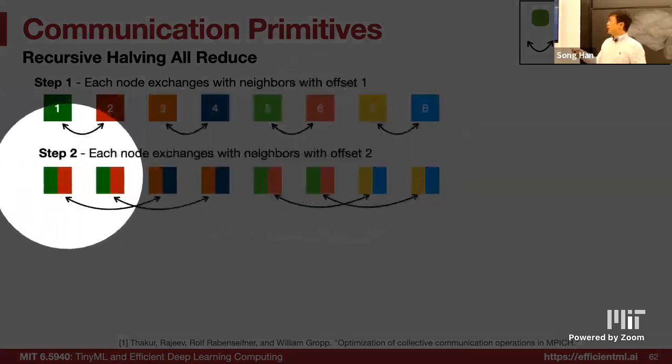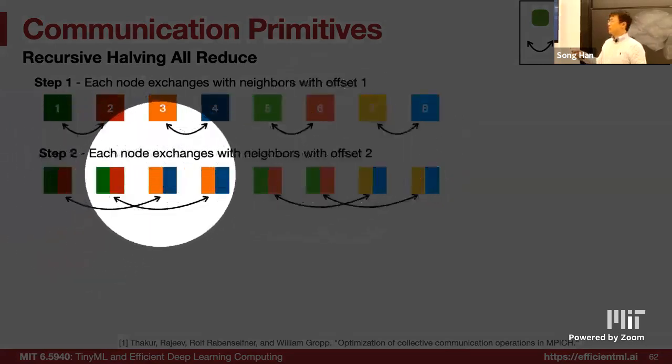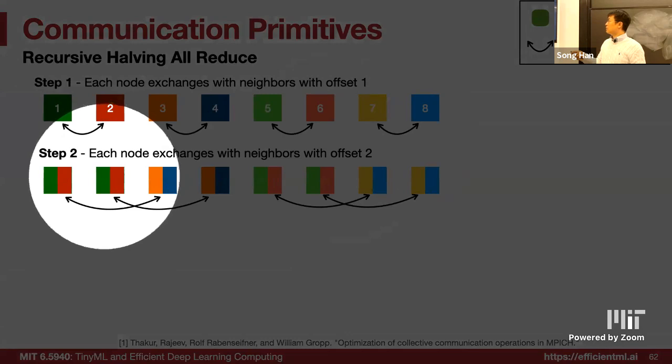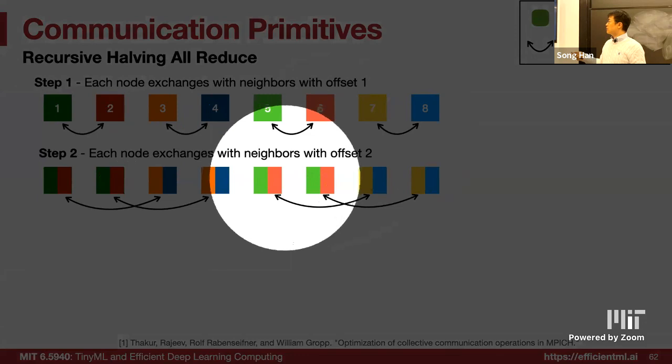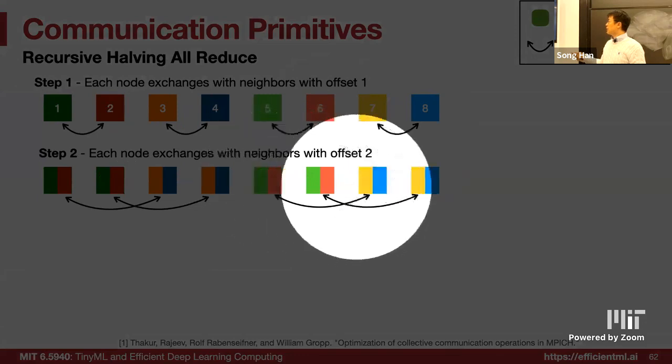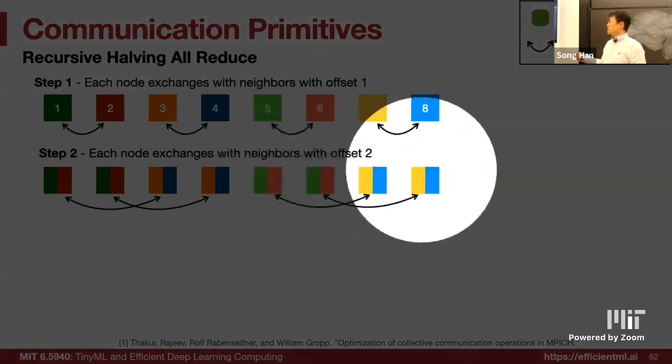So node 1 will communicate with node 3, and node 3 will communicate with node 1. Node 2 will communicate with node 4. So this is one group. And in the other group, node 5 will communicate with node 7 and 6 with 8.